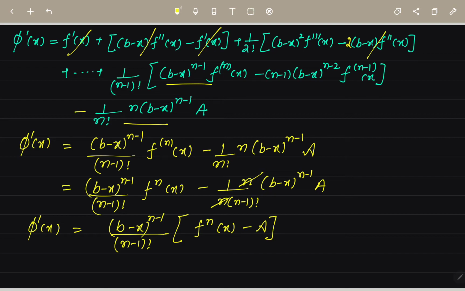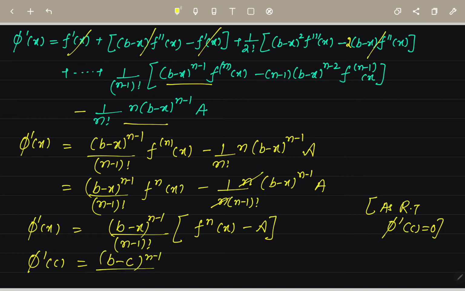So this is phi dash x, but we know that as per Rolle's theorem we have phi dash c equal to 0. Now I will replace x with c, so phi dash c is (b minus c) raised to power n minus 1 divided by n minus 1 factorial.